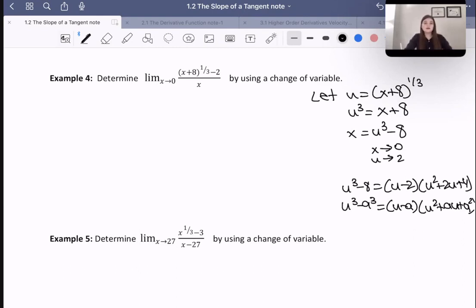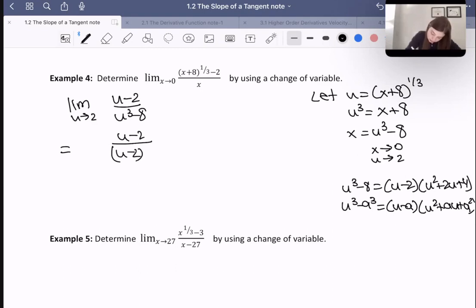And now we're going to solve this. So we're going to say the limit as u goes to 2 of u minus 2 over u cubed minus 8 is equal to u minus 2 over u minus 2 times u squared plus 2u plus 4.